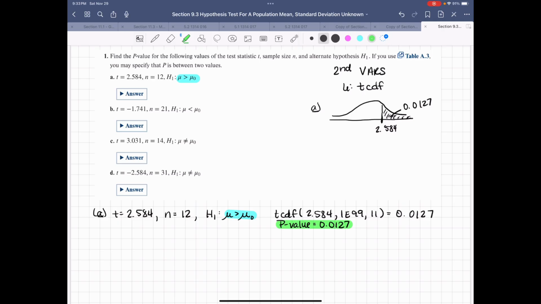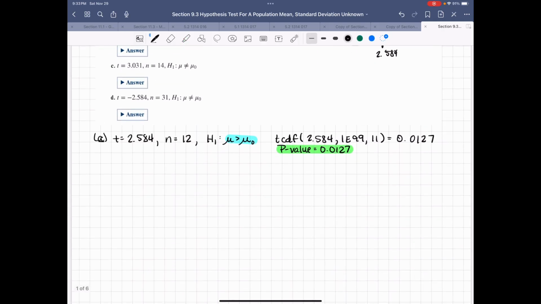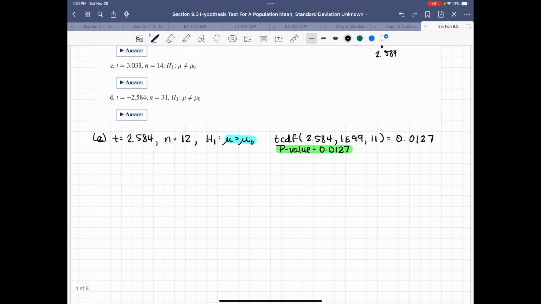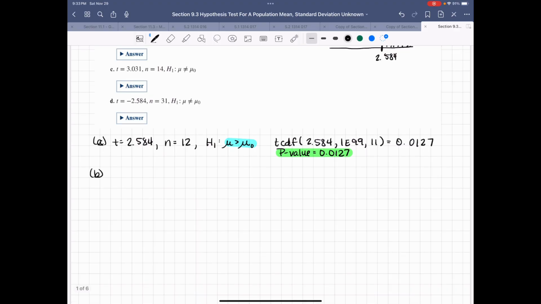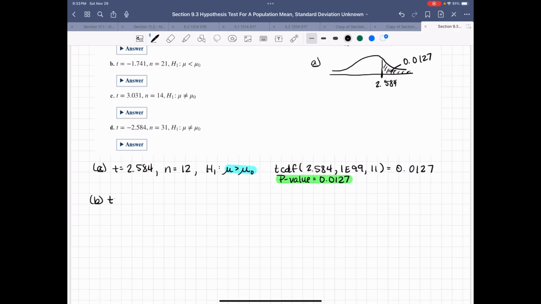Okay, so let's look at B. B says t equals negative 1.741. I have n equals 21. And I have the alternate hypothesis being mu is less than mu sub naught. So it's less than the null. This time we're looking at that left end.